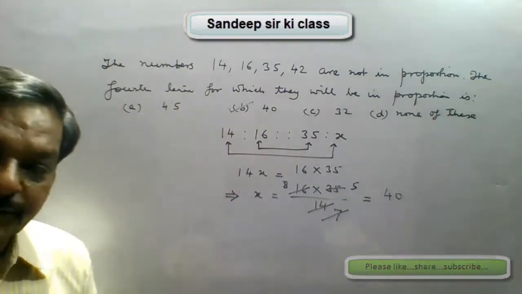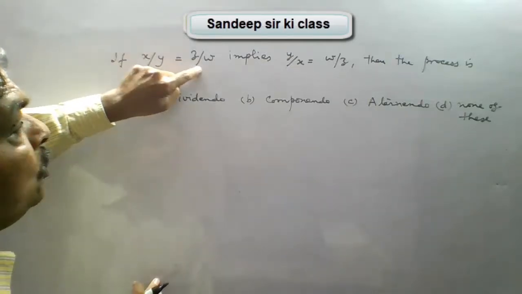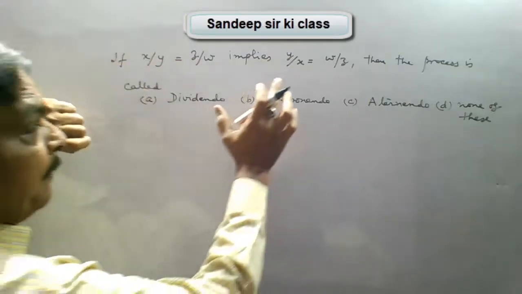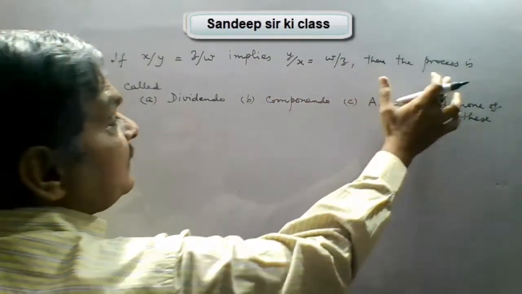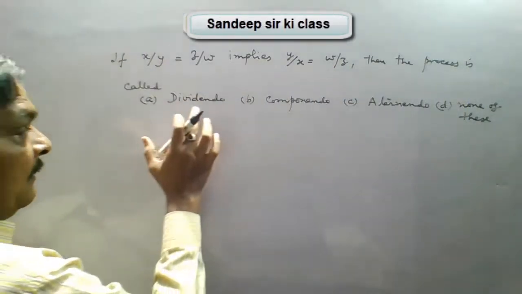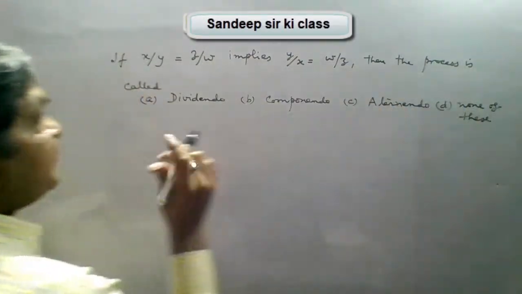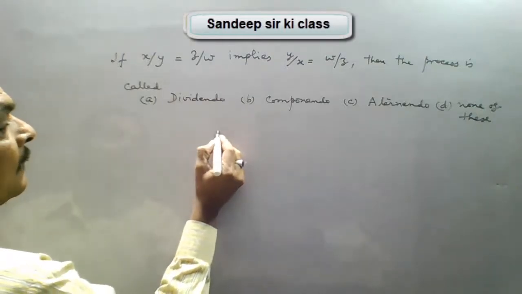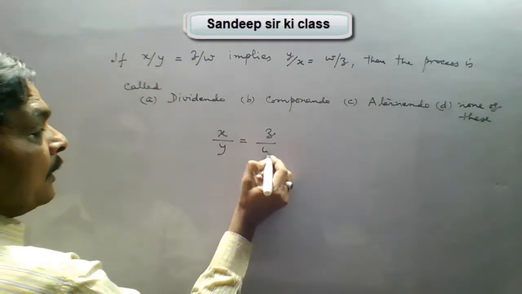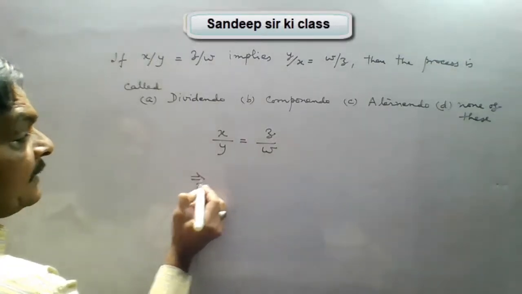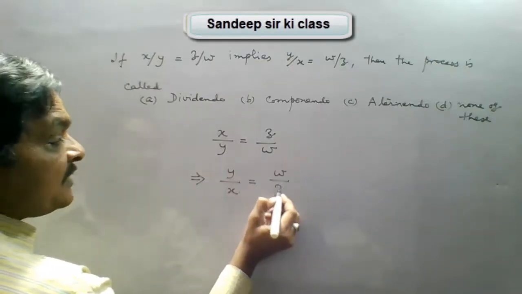Now we will see the next problem. The question is, if x upon y is equal to z upon w implies y upon x is equal to w upon z, then the process is called dividendo, componendo, alternando, or none of these. Now we have x upon y is equal to z upon w, and this implies y upon x is equal to w upon z.